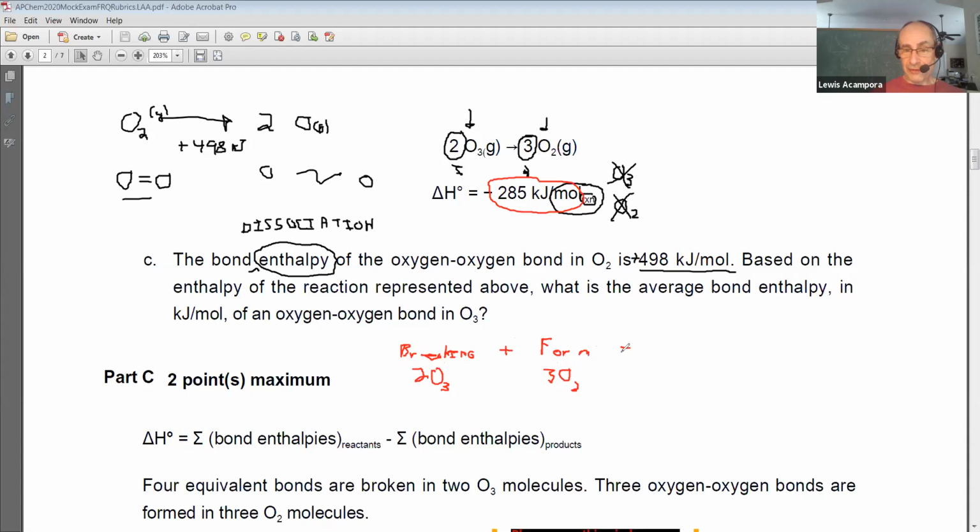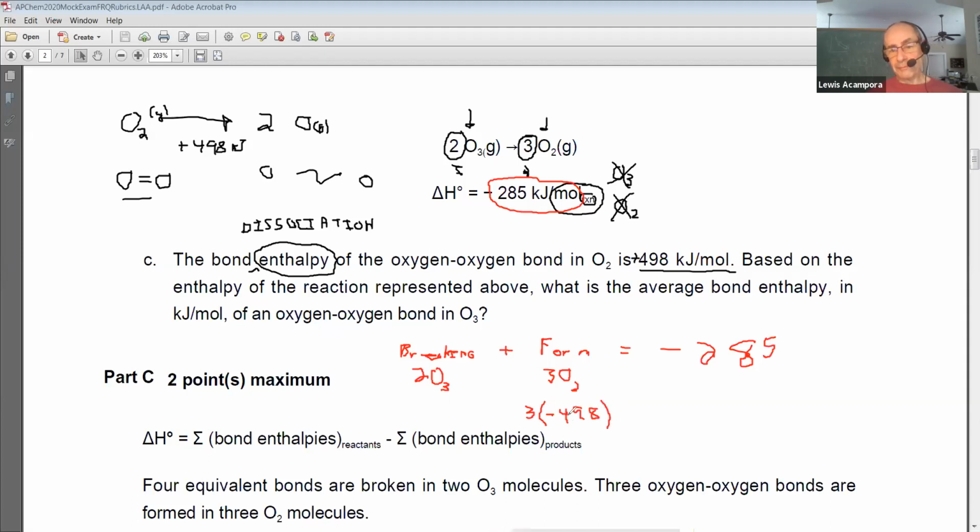And they add up to be negative 285. I'm going to leave off the units here. I'm writing this with my mouse, which is not that easy. And I already know that when these bonds form, this is going to be 3 times negative 498 kilojoules per mole.